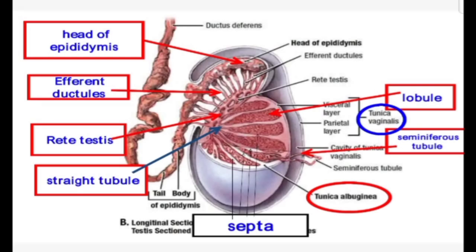On this side, that is the posterior side, this is the thickening which is called the mediastinum testis, and from the mediastinum testis these septa, the septula testis, are coming towards the lateral side, and they are then dividing the gland into smaller compartments which are known as the lobules.